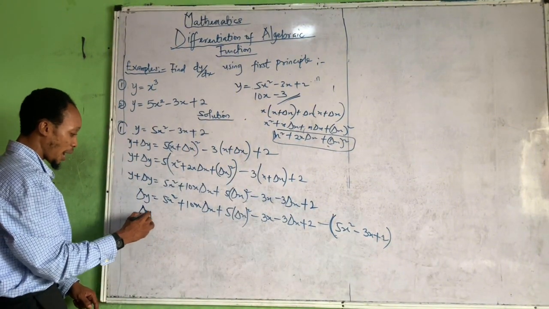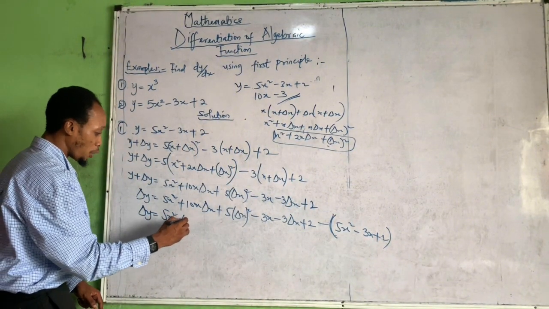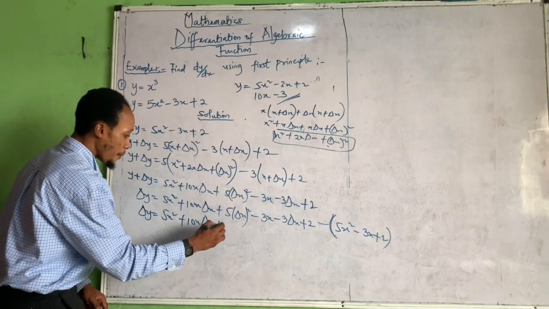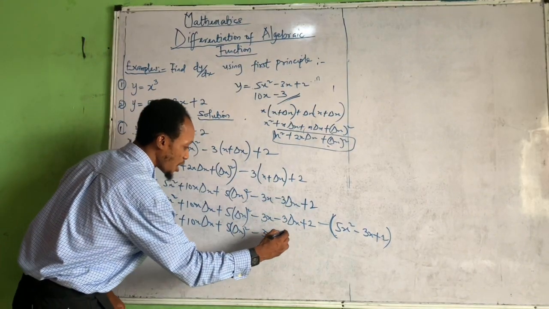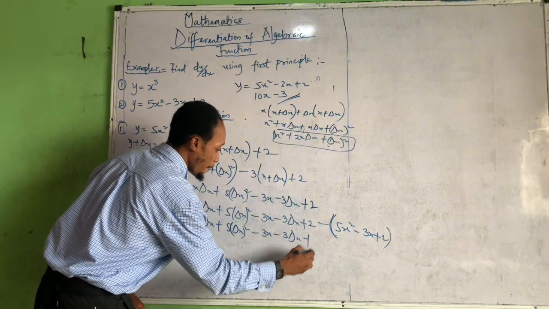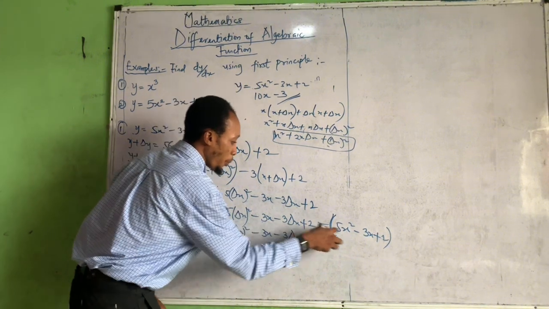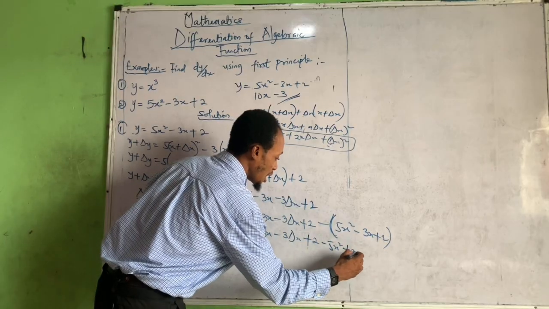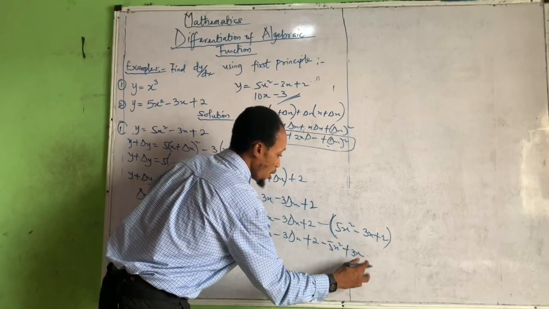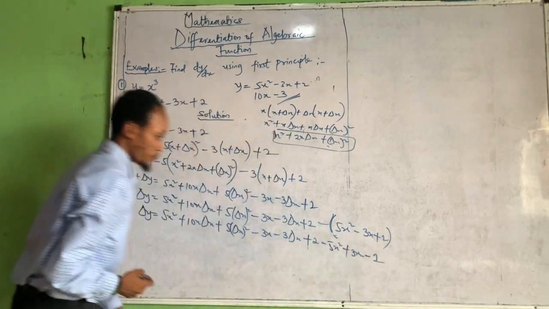So we have delta y equals 5x squared plus 10x delta x plus 5 delta x squared minus 3x minus 3 delta x plus 2. Then open up this, you have minus 5x squared, then minus times minus is plus 3x, then minus 2.